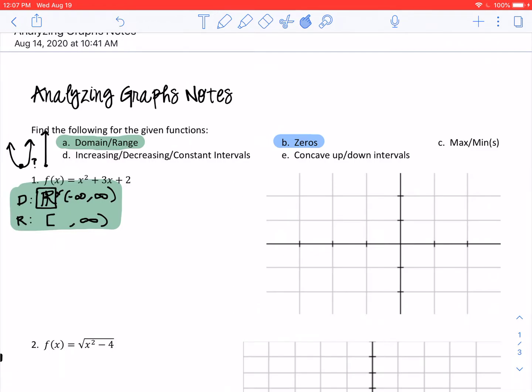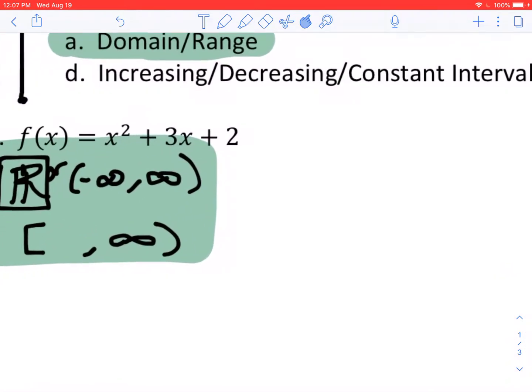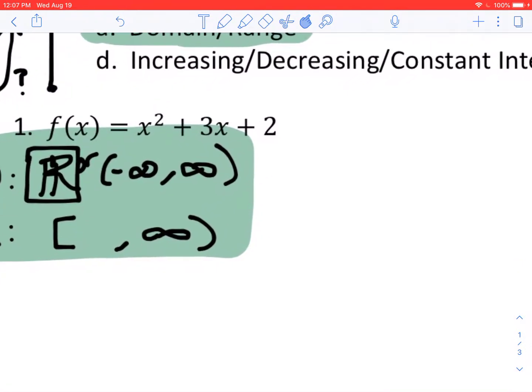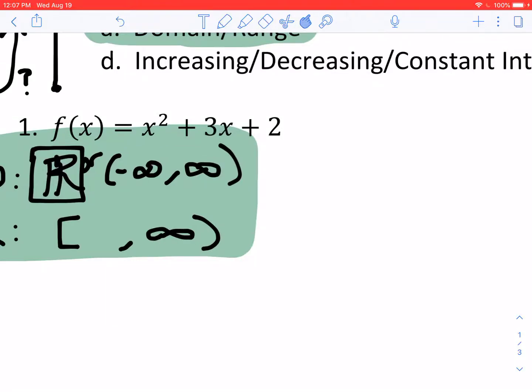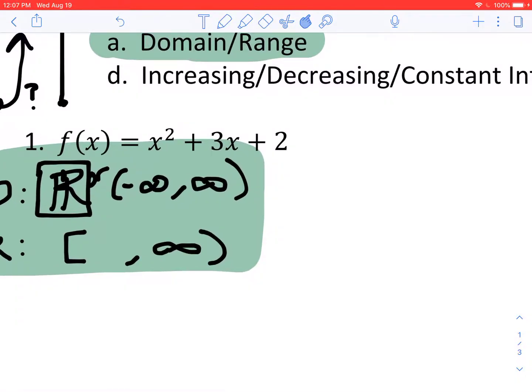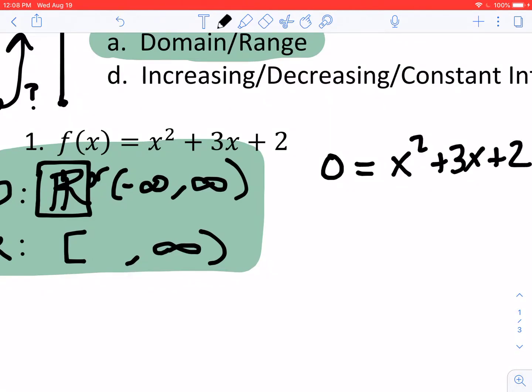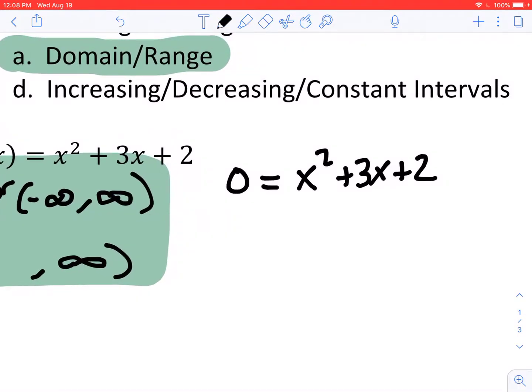There is a way to find this, and the way to find x-intercepts every single time is to set the function equal to 0 and solve the equation. Set the function equal to 0 and solve the equation.